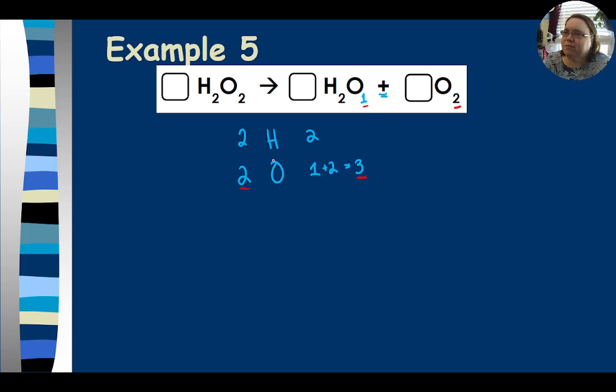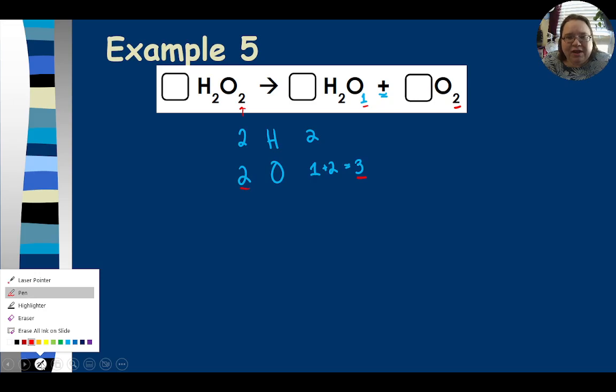So another way to approach this problem is we notice that we only have an even number of O's on the left. Since I only have an even number of O's on the left, I have to have an even number of O's on the right. That is the only way we're going to get these to balance.